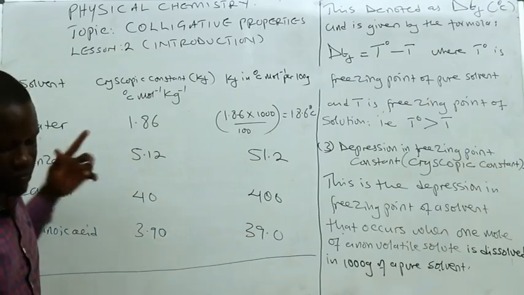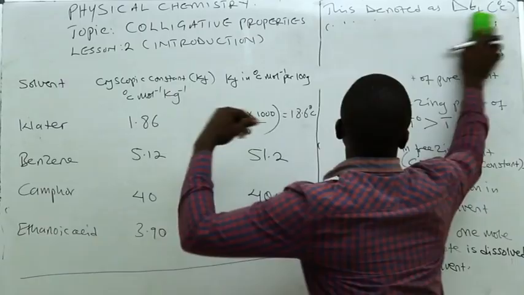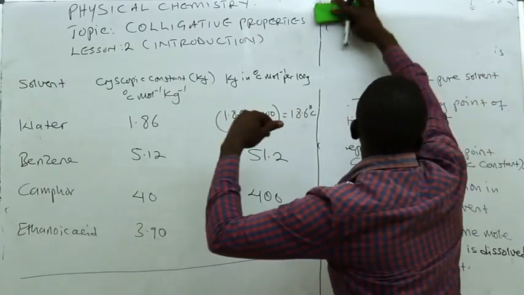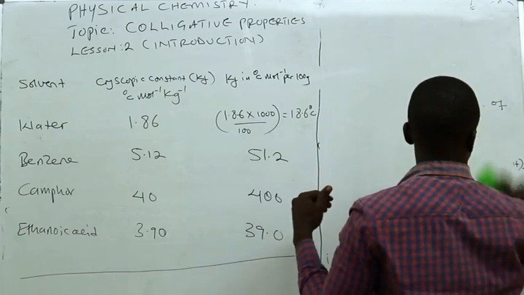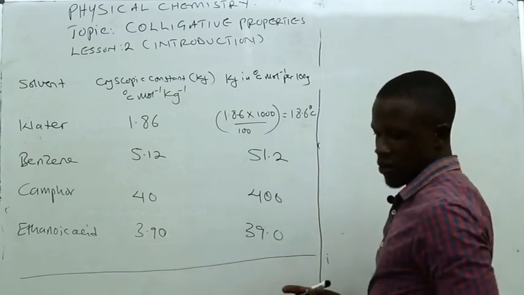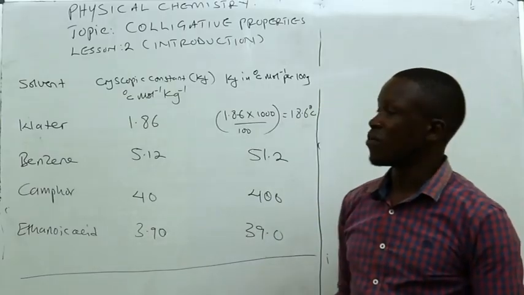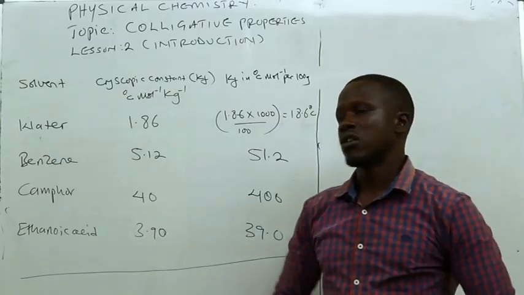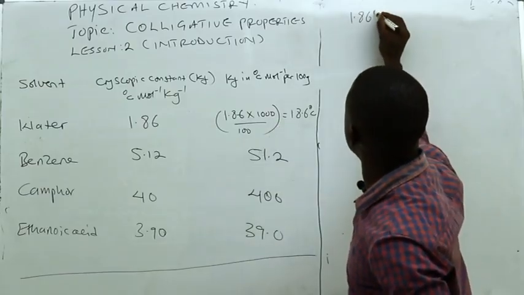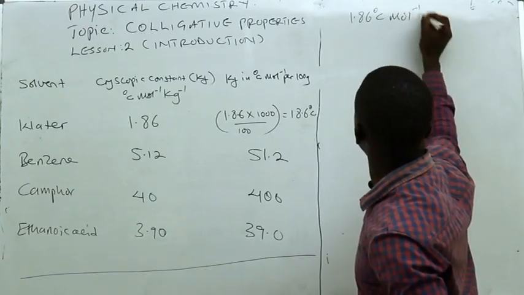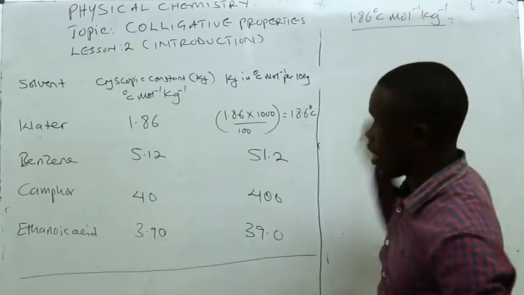So you will find questions. Someone says that the depression in freezing point of water is 1.86 degrees Celsius per mole per kilogram, and someone says, explain that.